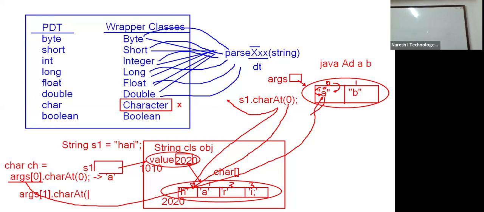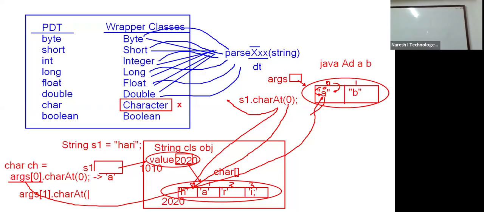Answer. I can repeat once again. Come here. This is my string class object. What have you written? String S1 equal to double quotes Hari. H is available in which location? Answer. A, R, I. Take this I out.